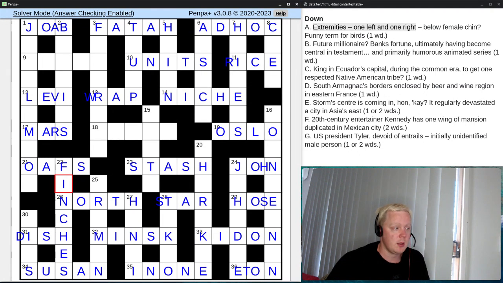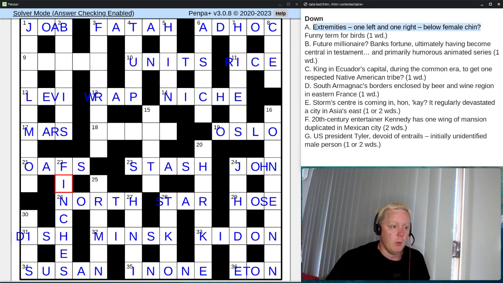Now this one has two more, and those two more are, believe it or not, double definitions. With all those words, double definitions. So one definition is going to be here, funny term for birds. And then this monstrosity is going to be another definition. So what are extremities? One left and one right, below female chin.